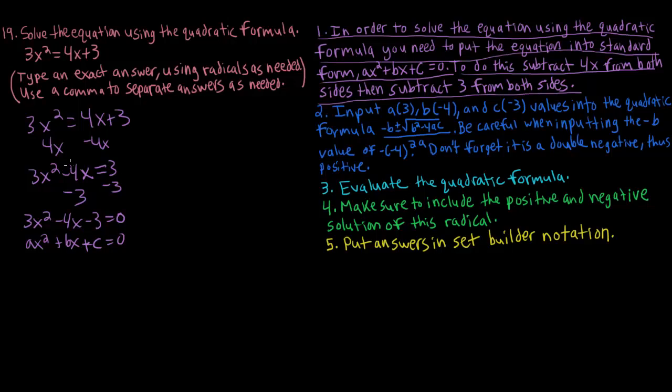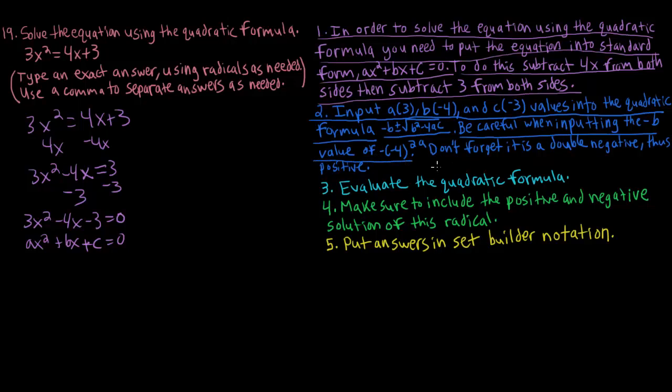So step 2, we want to input a, which is 3, b, which is negative 4, and c, which is negative 3. Input these values into the quadratic formula, which is negative b plus or minus square root of b squared minus 4ac, divided by 2a. Now, you need to be careful when inputting the negative b value of negative 4, because it's minus negative 4.